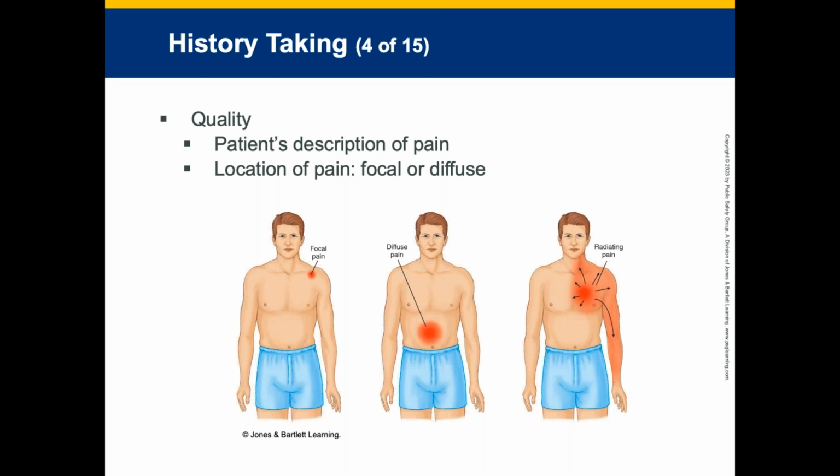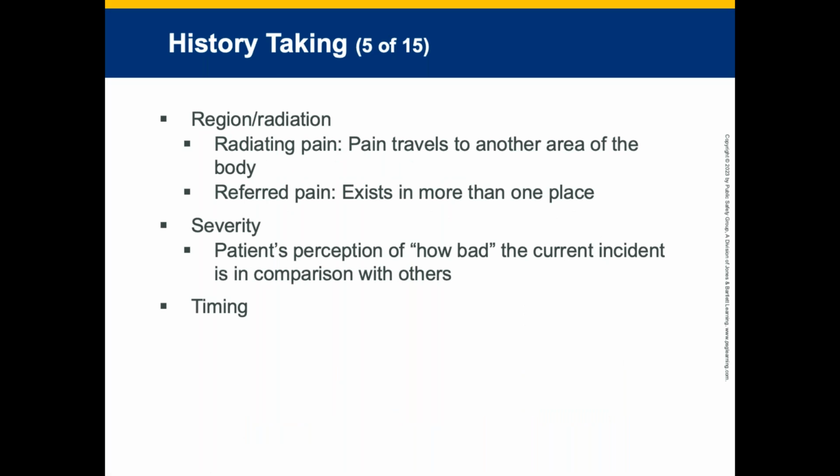Do I have pain in my abdomen and also pain in my left shoulder? Do we have a splenic injury? Do we have referred pain, radiating pain? Document. Radiating pain refers to an area of the body from which the origin of pain or discomfort may travel. Referred pain is pain that exists in more than one place. Again, like a splenic injury, which would cause shoulder pain.